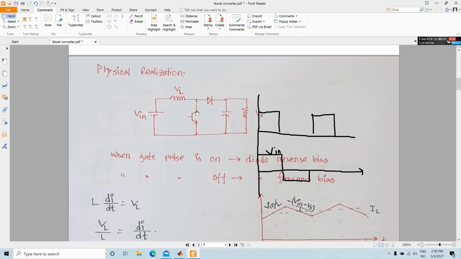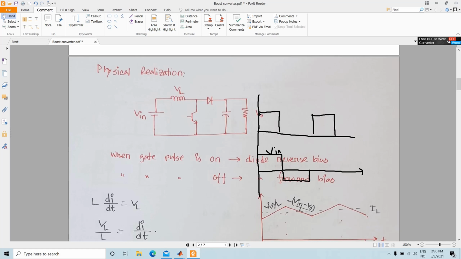One is the switching loss. Whenever this switch is transitioning from an on state to an off state, or from an off state to an on state, there is a switching loss due to this on and off, and also there is a conduction loss.